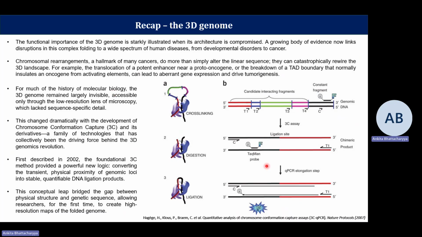You'll have this TaqMan probe, which has a fluorophore at one end and some other product at the other end, and by the qPCR elongation step, you will detach this as well, and you'll get a fluorescence readout every time that amplification takes place. So for the 3C assay, qPCR elongation is good enough for final validation. Now we will understand how this happens in more detail.